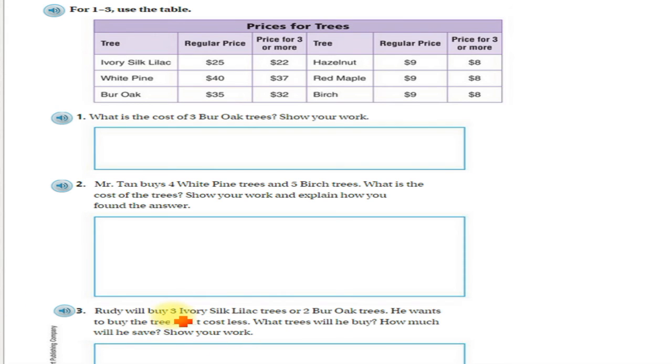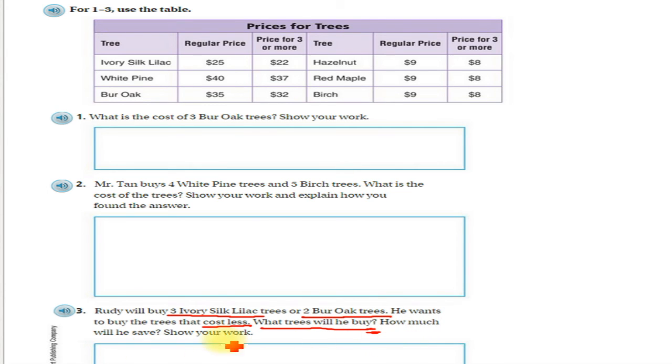So he's either getting 3 ivory silk lilacs or 2 bur oak trees. He's not getting both. He's getting one or the other. He wants to buy the trees that cost less. So he wants to spend the least amount of money he can. What trees will he buy? There's my question. Is he going to pick the ivory silk lilacs or the bur oak trees?